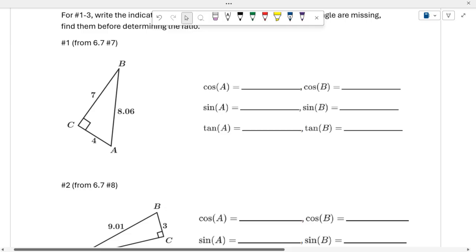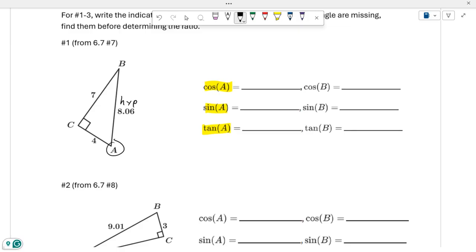I'm going to fill in all of the ones dealing with angle A first. So we're going to be dealing with this angle, and then we'll deal with angle B. If we're talking about angle A, which is right here, 8.06 is my hypotenuse no matter which angle I'm talking about.